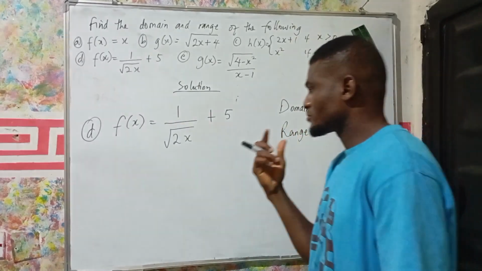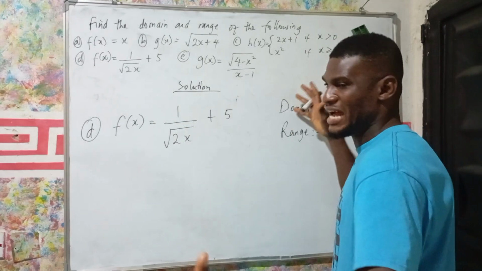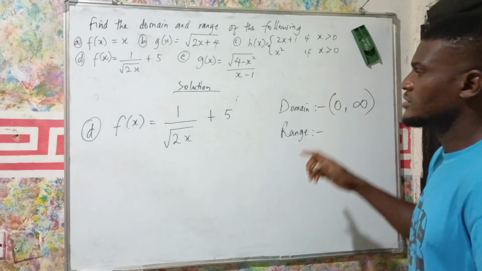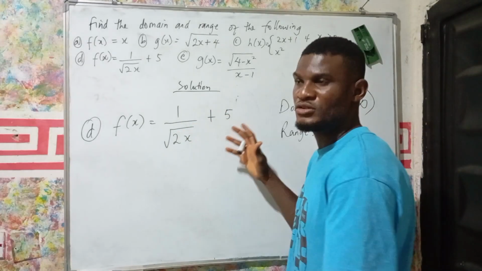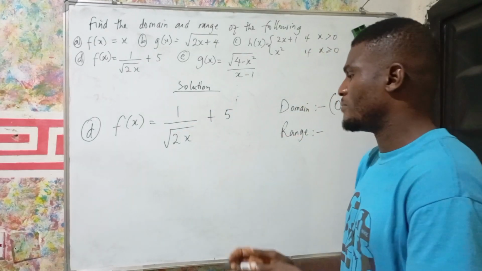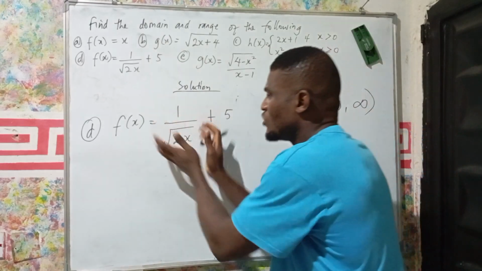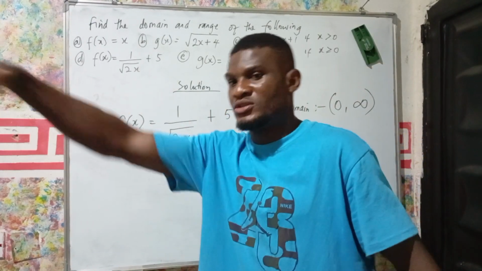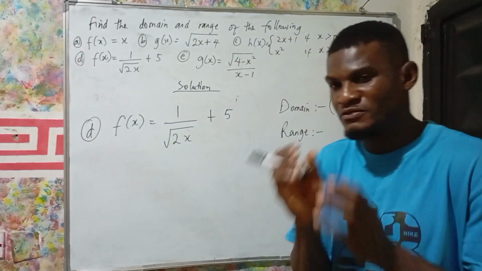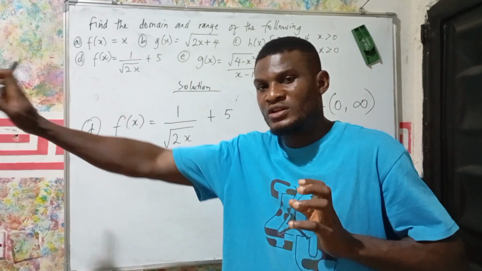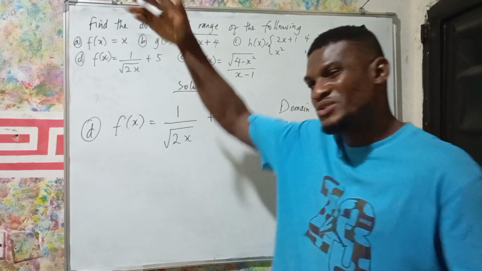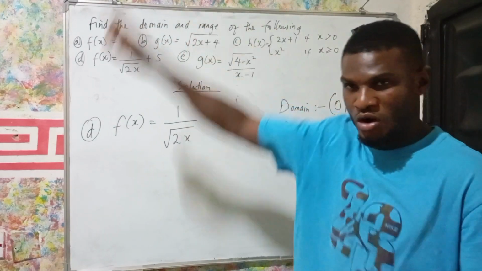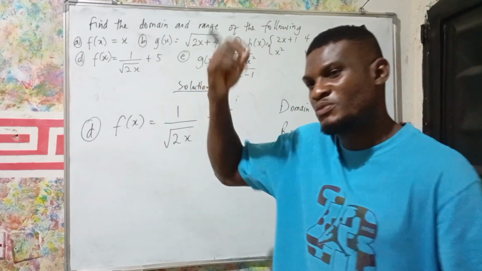All right, and then if the value is very large, getting towards infinity, 1 over a very large number becomes a very small number. Okay, and when you add that number to 5, it becomes 5 point something, however small the value is, 0.000000001. When you add it to 5, it becomes 5 plus 0.000.